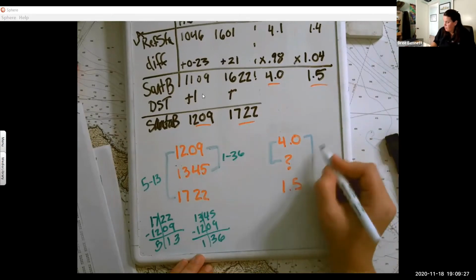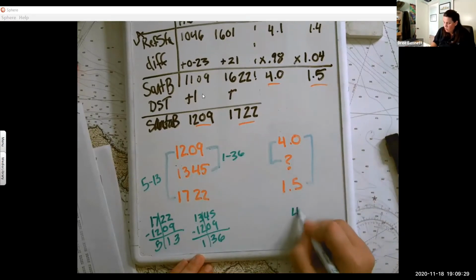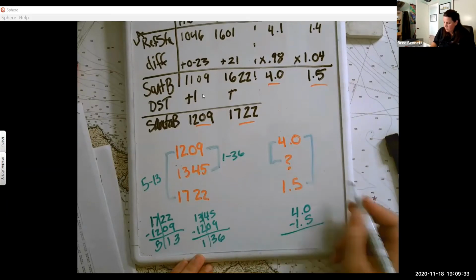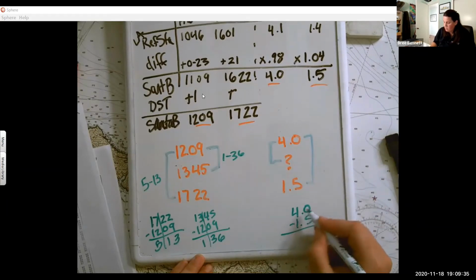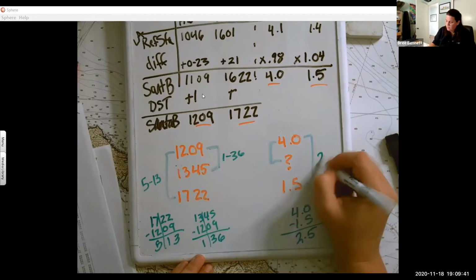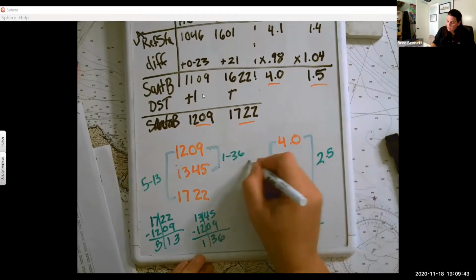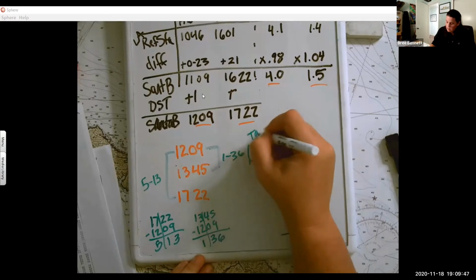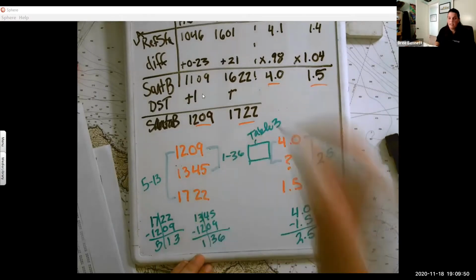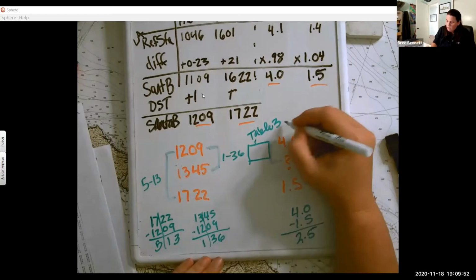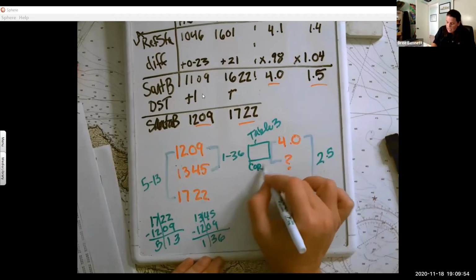And then I have 4.0 minus 1.5 gives me 2.5. So I need to go to table 3 to find my correction to height.